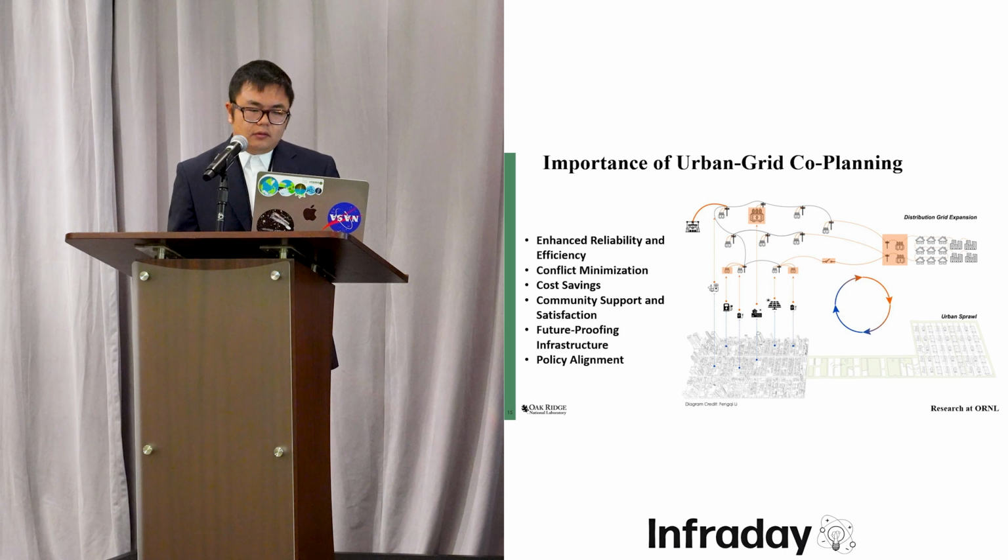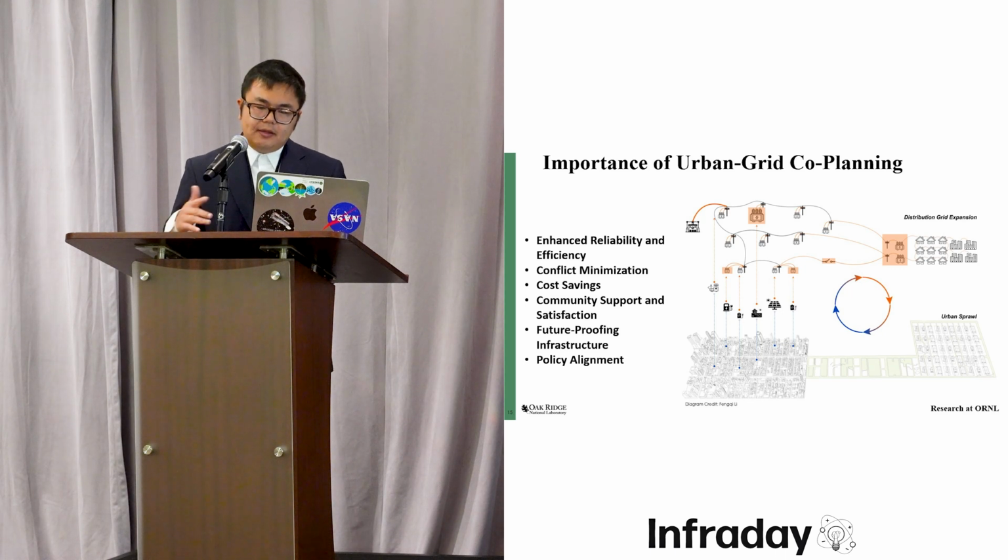When grid and urban planning frameworks are integrated, it will enhance all the points on this slide. For example, it will increase community reliability and building efficiency within a specific community, reduce cost, and minimize the conflict between urban development and grid development.